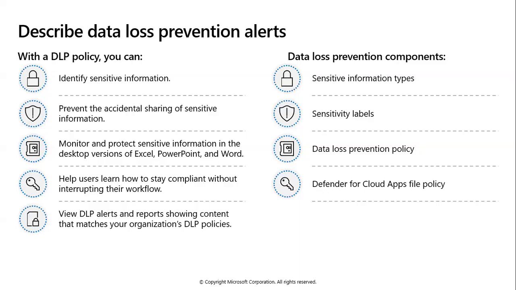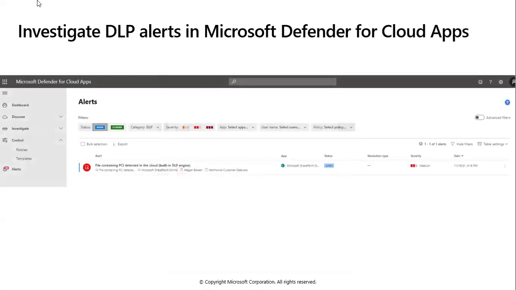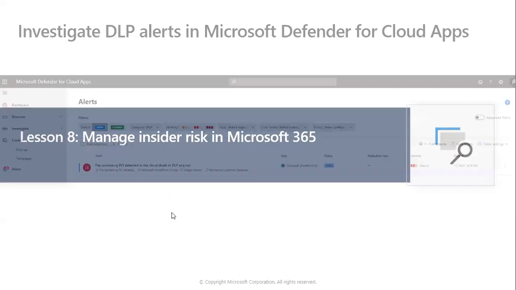So that is the Defender for Cloud Apps file policy. So these are the data loss prevention components. I will show you all this stuff. Microsoft Defender alert open, here the alert will show. Under the policy control, this alert notification kind.